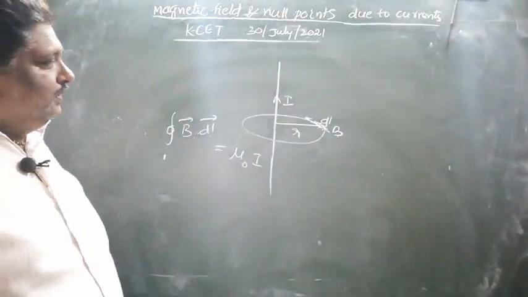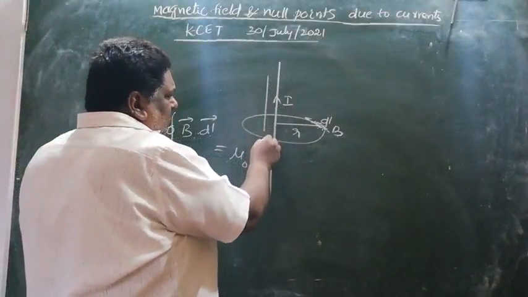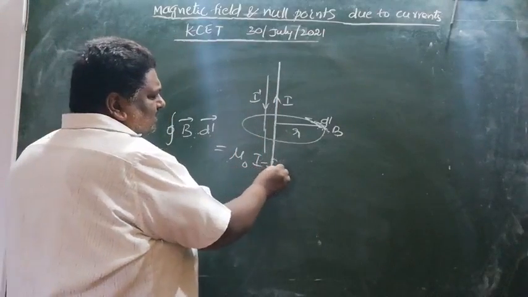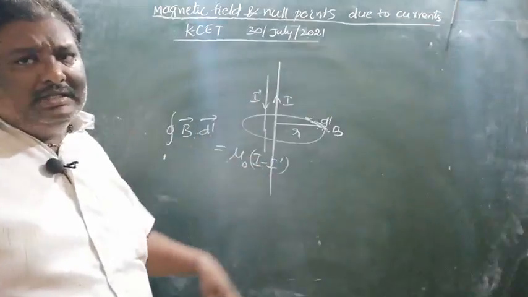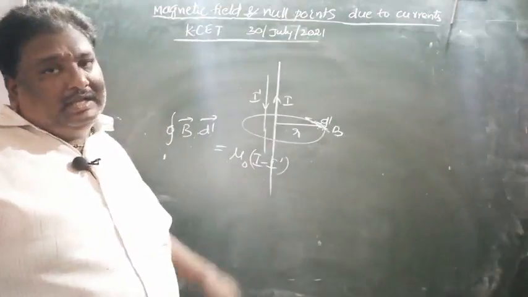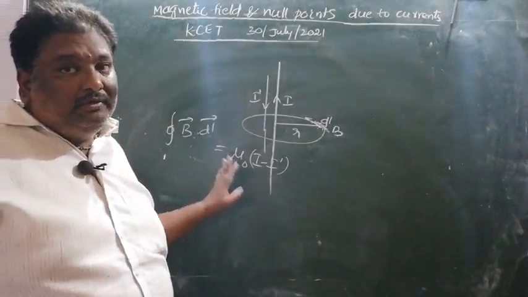Here one current I is passing upward, suppose I dash current is passing downward. Net is equal to I minus I dash, like this. Here 3-4 currents are there. All their algebraic sum is taken. That is the net current. This is Ampere's law or Ampere's circuital law.